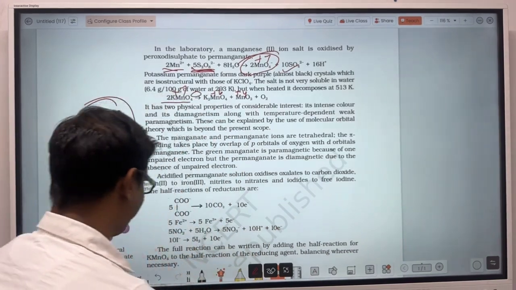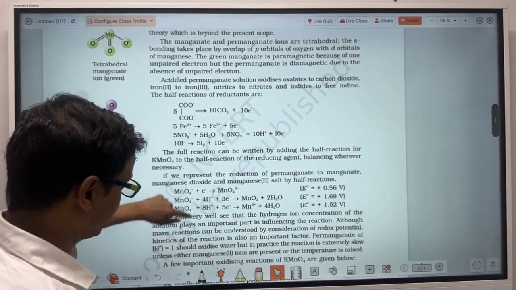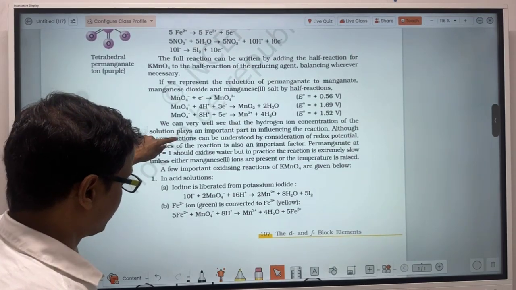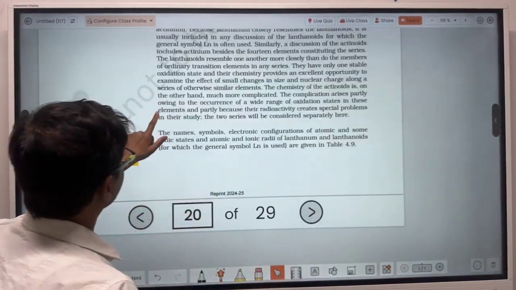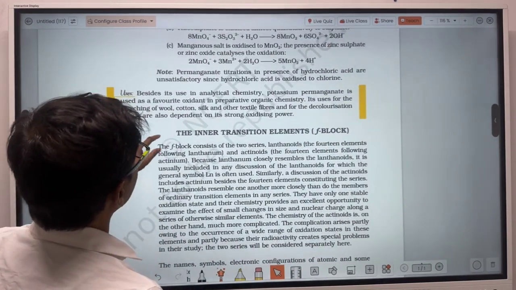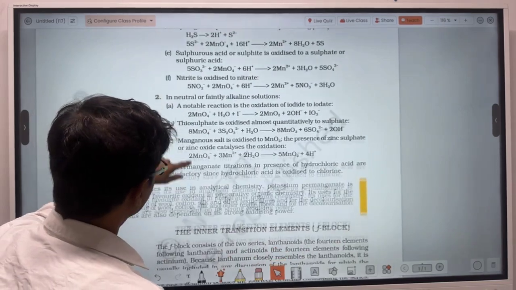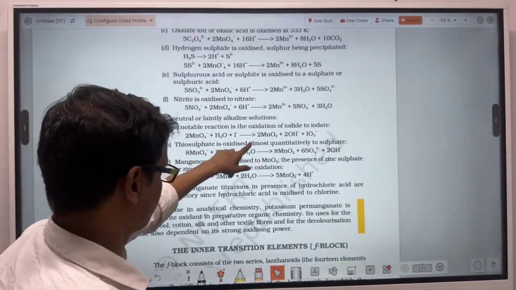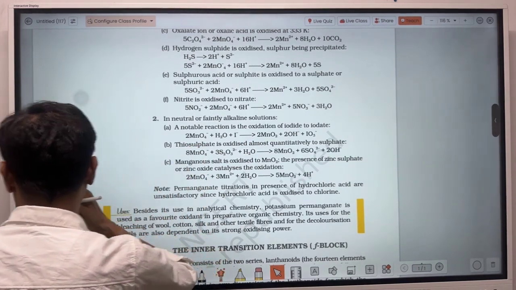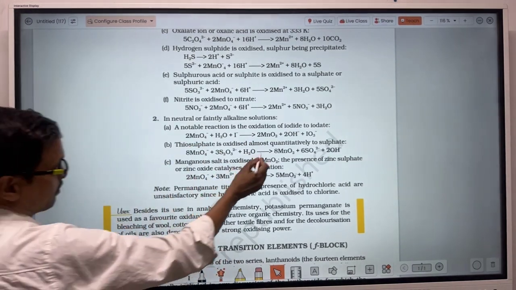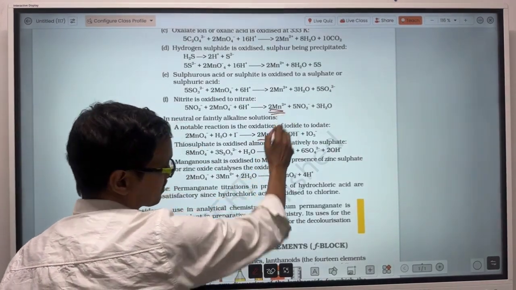But here the difference arises depending on whether the reaction takes place in acidic medium or in neutral medium. I am checking whether neutral medium is given. No, only acidic medium has been given in your book. Okay, yes, neutral medium is given also. In neutral medium, permanganate will convert into MnO2, and in acidic medium it will convert into Mn2 plus.